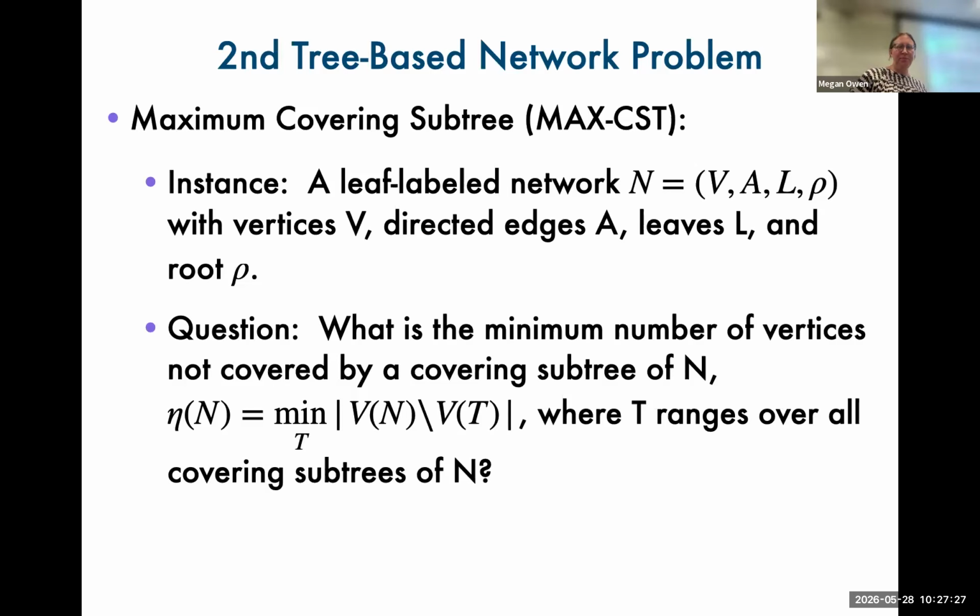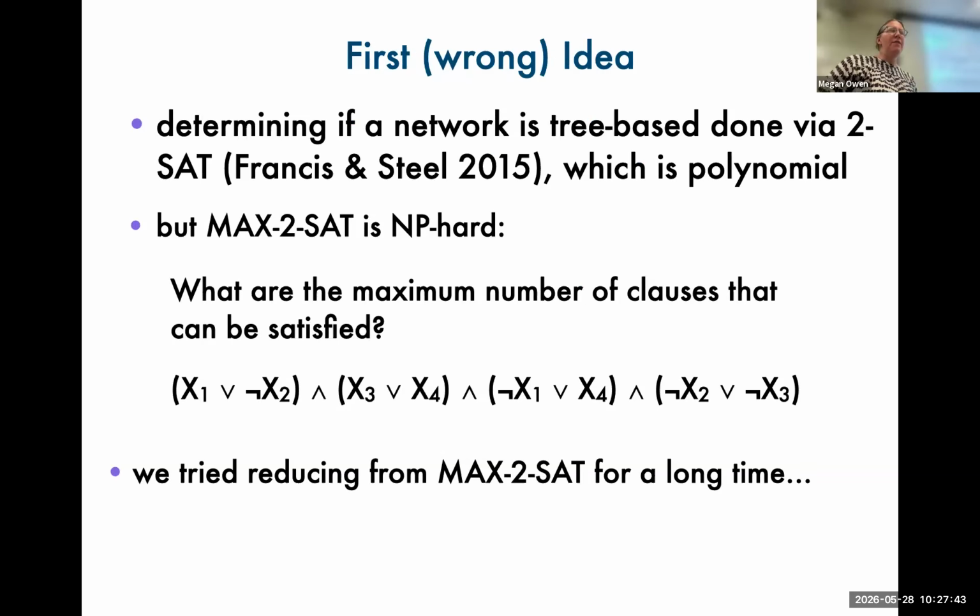So this is just the problem, right: you have a network and you want to find the tree that covers the most vertices in it. Or if it doesn't cover them all, find how many vertices are left out, the minimum number. So at first we thought maybe it was NP hard, because if you remember, determining if you have a network and you want to know is it tree-based, that could be done by a version of 2SAT, which is polynomial.